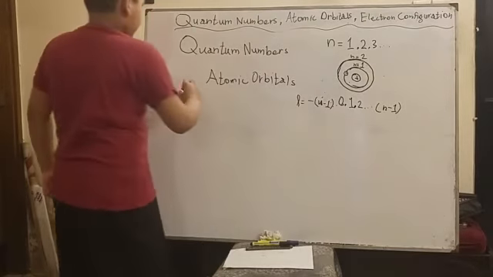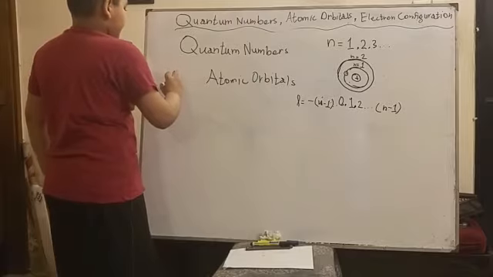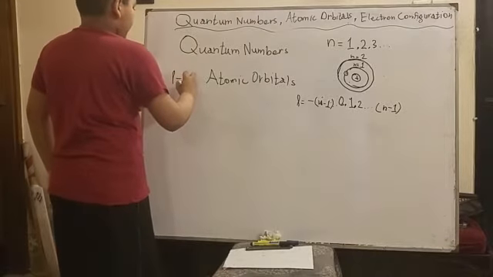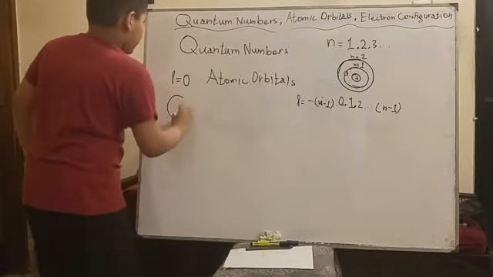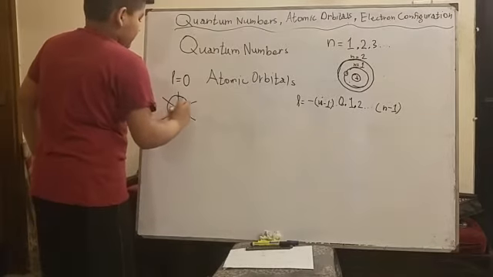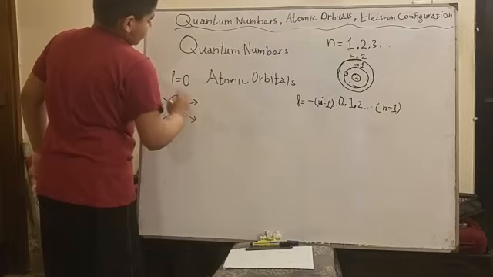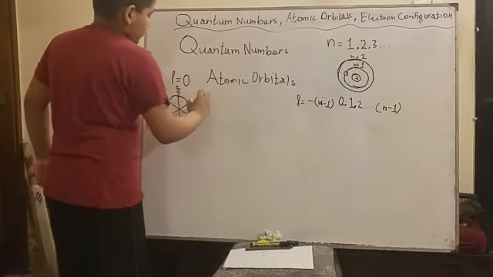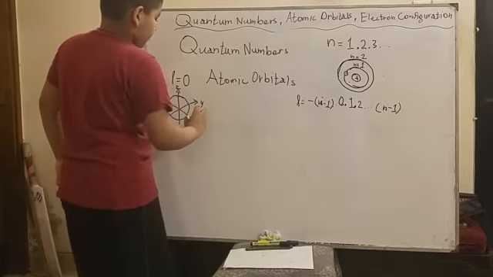And these are the ones that describe the types of atomic orbital. If L equals 0, that means that it is an s orbital, which can hold up to 2 electrons.